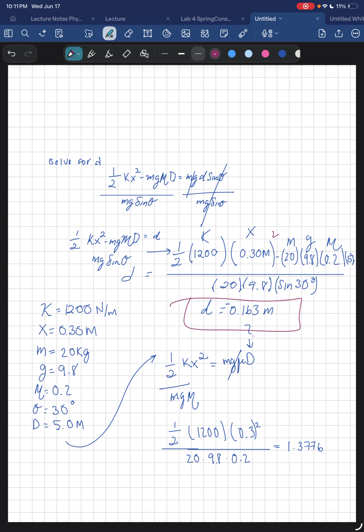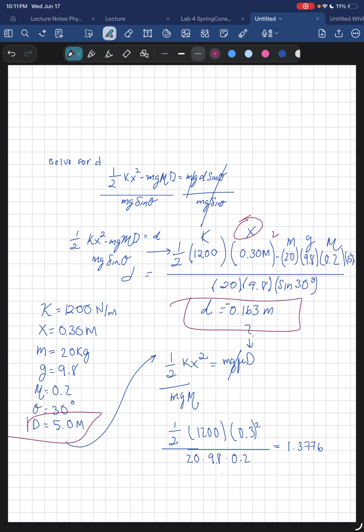And then if we were going to solve for big D in the equation, which is what the guy from the video did, we're just going to plug in the same numbers, but we're going to use this equation, which is 1/2 kx squared equals mg mu d. We're just going to set up the equation to solve for d, and that would look like 1/2 times 1200, which is the constant, times 0.3 squared, which is the x, the distance.